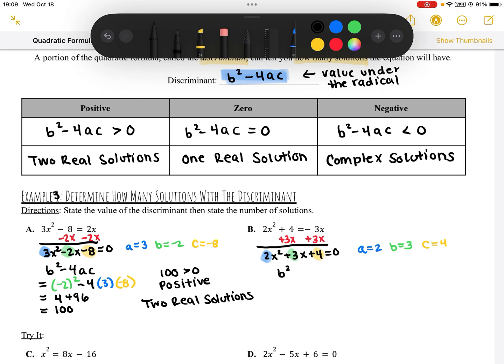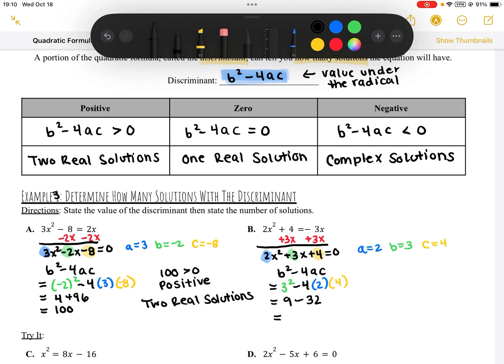Now I'm going to find my discriminant, b squared minus 4ac. b is 3, so 3 squared minus 4 times a times c. 3 squared is 9, minus 4 times 2 times 4 gives me 32.